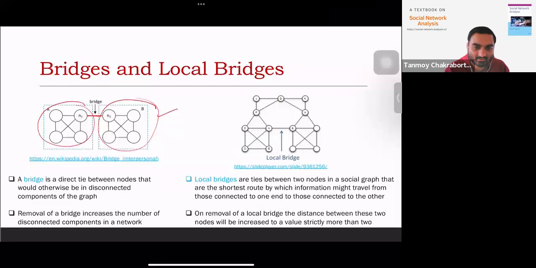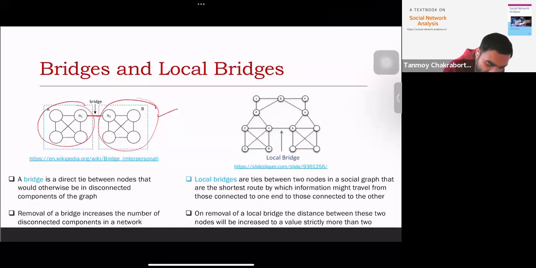As I mentioned earlier, this is a somewhat strict definition. So instead of looking at the components that are being formed, you look at the distance between x and y, the two endpoints of a particular edge, and after removal you look at the shortest path.